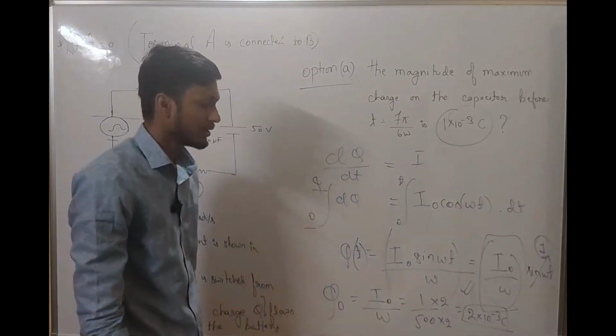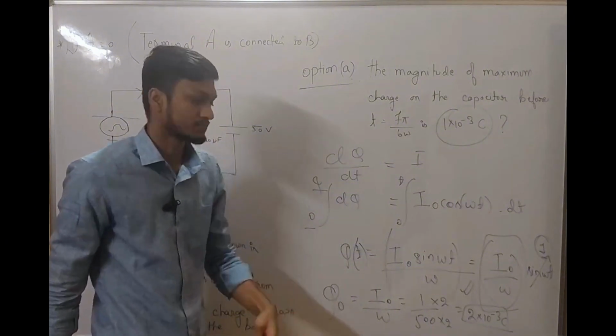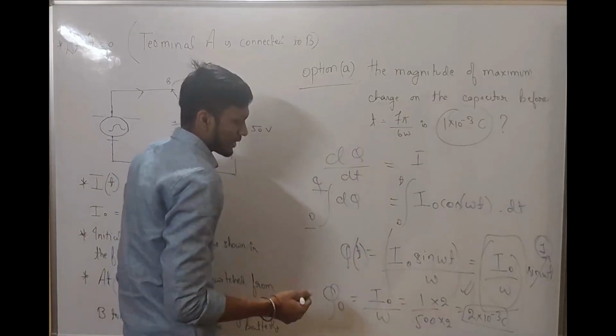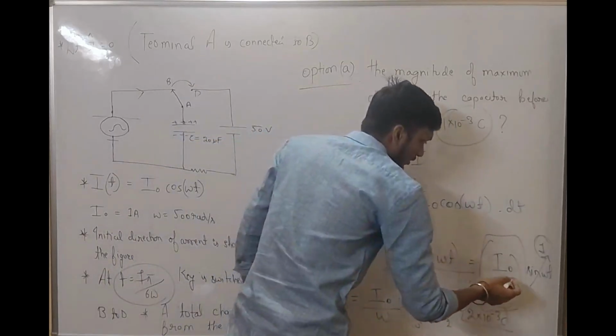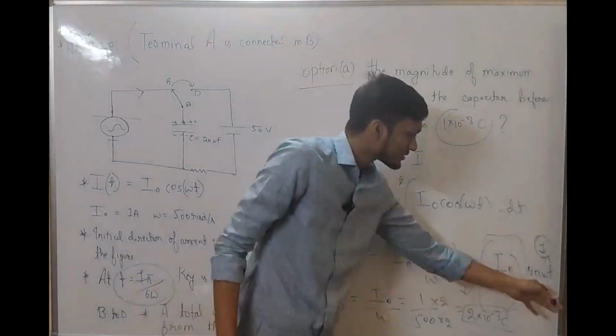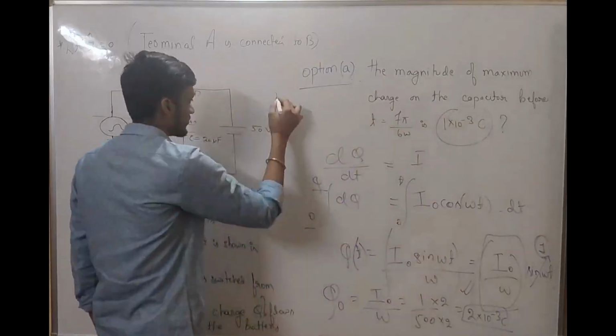And this charge is stored in the circuit at what time? Let's analyze it. We have to find the time that makes the sine omega t term 1.